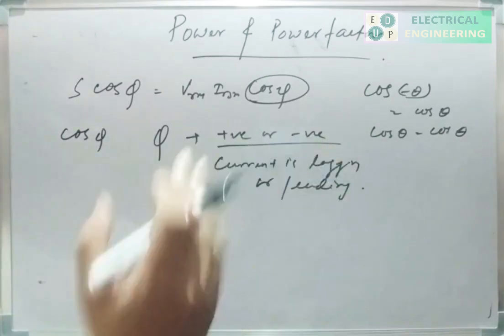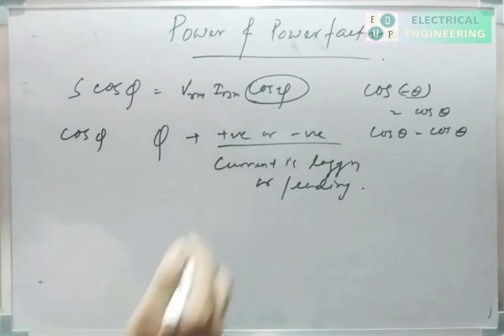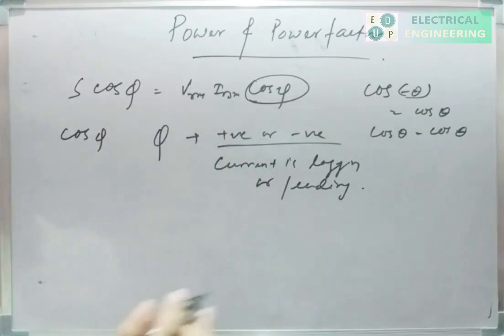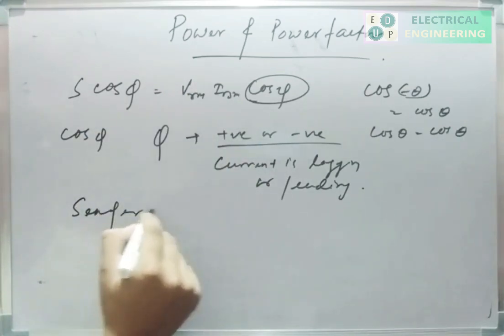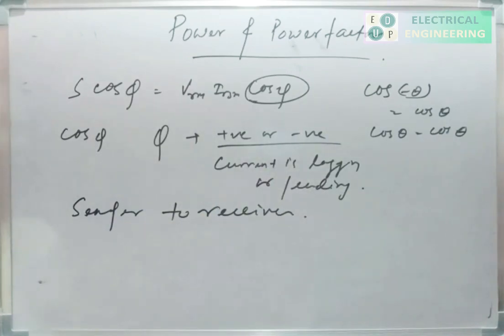Positive and negative are only indications. They don't have any real meaning here. So it is always positive. That means active power flows from sender to receiver in each of the cases. Reactive power can be reversed, but active power cannot be reversed.